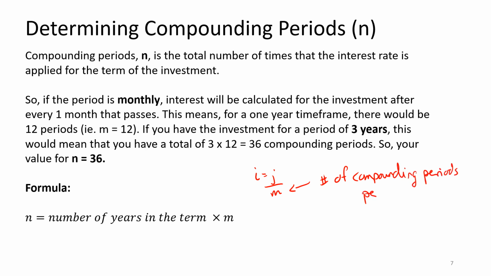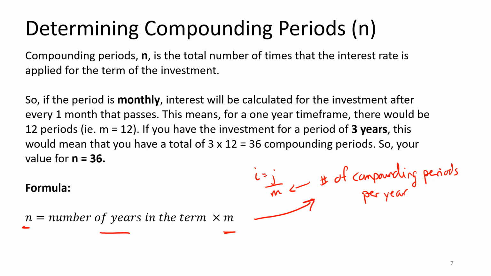N instead is the total number. So if you invest for 10 years, you multiply your number of compounding periods per year by 10. Putting that plain and simple, for our formula, n is equal to the number of years in your term multiplied by this term m that we've talked about.